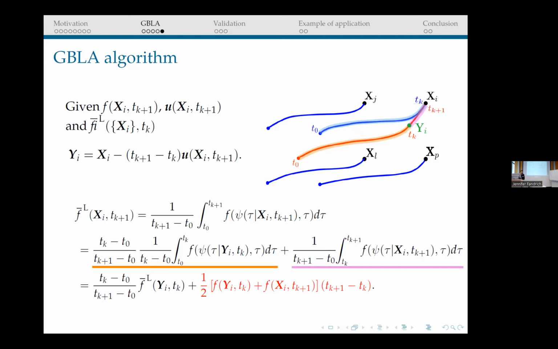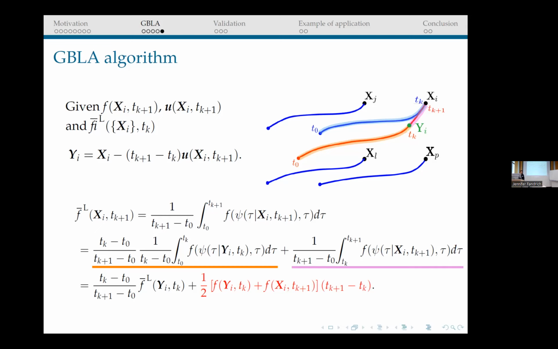Okay, the first step: from your model, you get the values of f, let's say it's temperature, and velocity at the next time step. So from tk you go to tk plus 1, you get velocity and temperature.